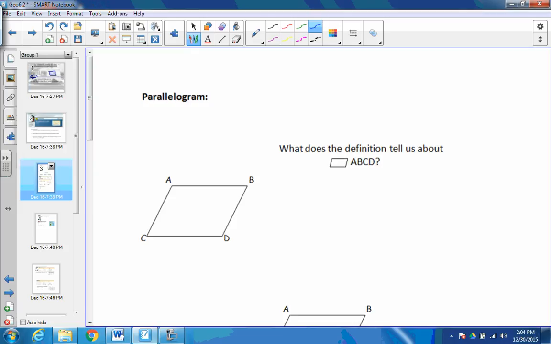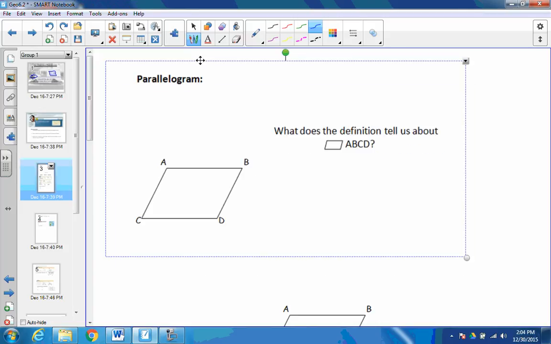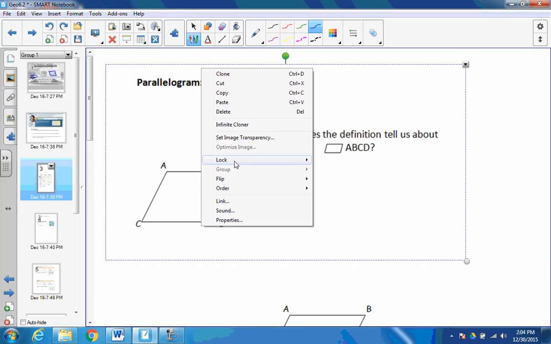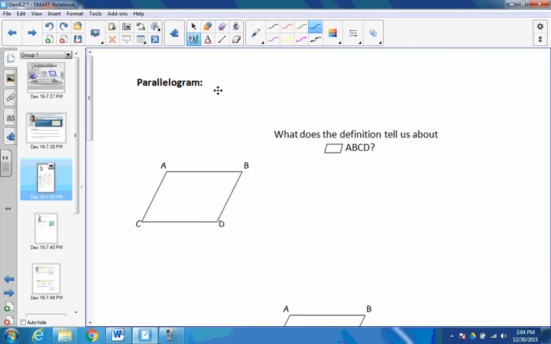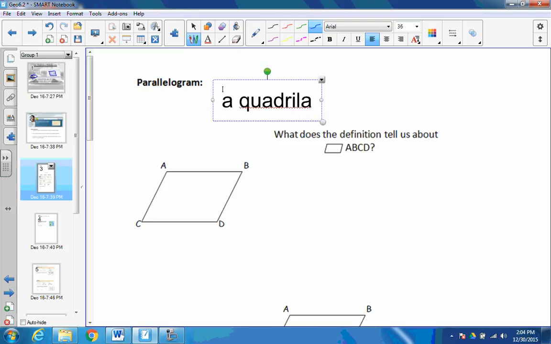So, a couple things to start us off. What is a parallelogram? Well, I'm going to type it out. It's going to be faster for me. A parallelogram is a quadrilateral, and we talked about quadrilaterals, those are four-sided figures.